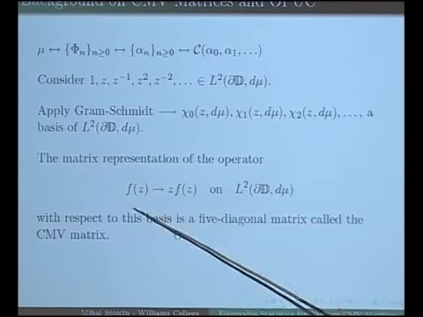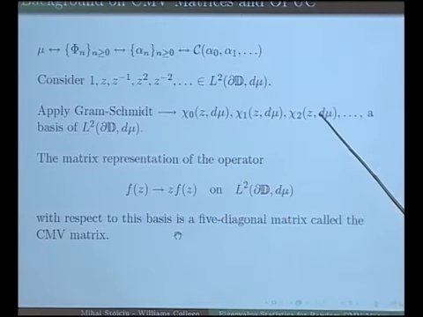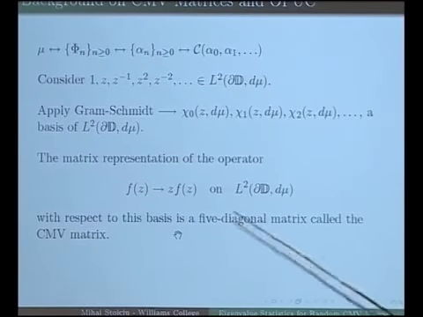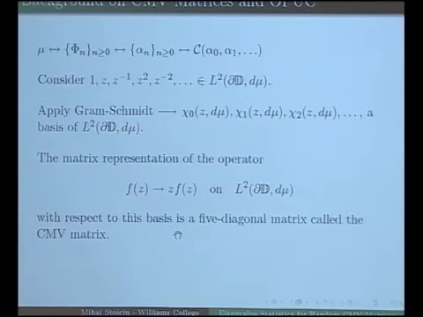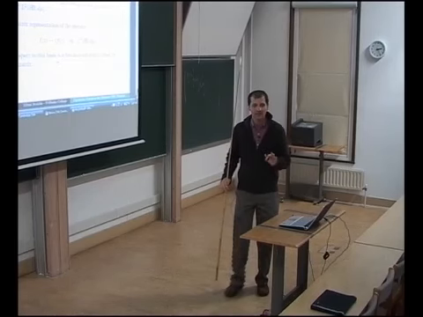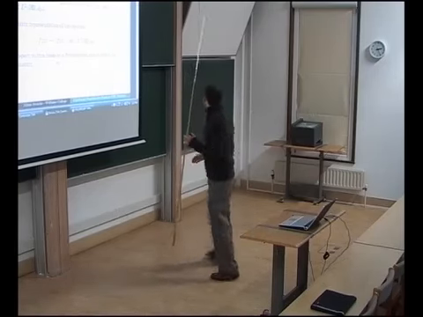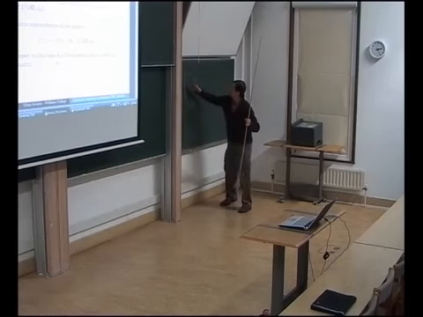It turns out that if we consider the matrix representation of this operator, multiplication by the variable z, in this Hilbert space, so the matrix representation of this operator with respect to this basis of Laurent polynomials, this is the 5-diagonal matrix.